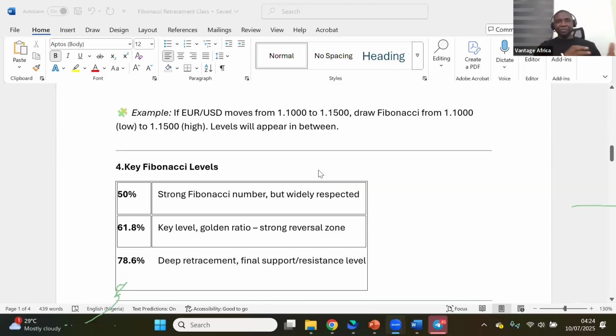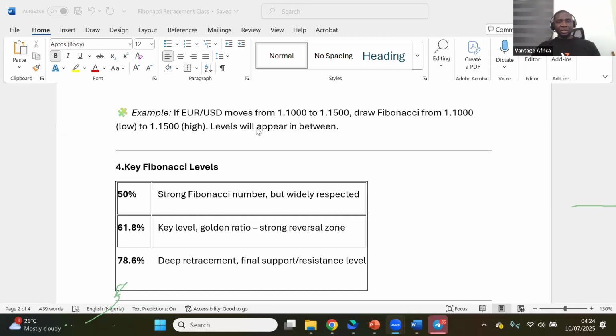So there's an example here. If EURUSD moves from 1.0 all the way to 1.5, that is an impulse buy. You can see that price appreciated. That's a 500 pip move right there, right? Now, you are expecting it to correct and then give you a continued buy trade.